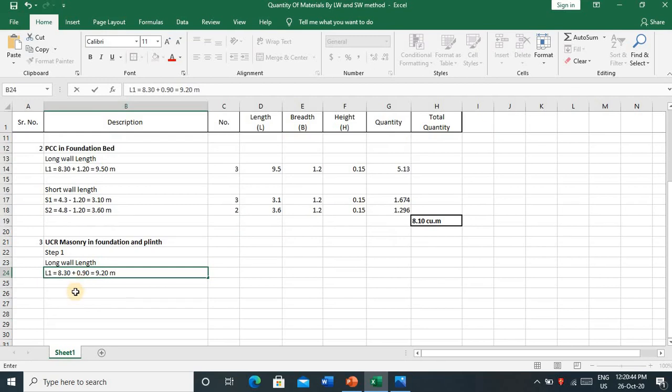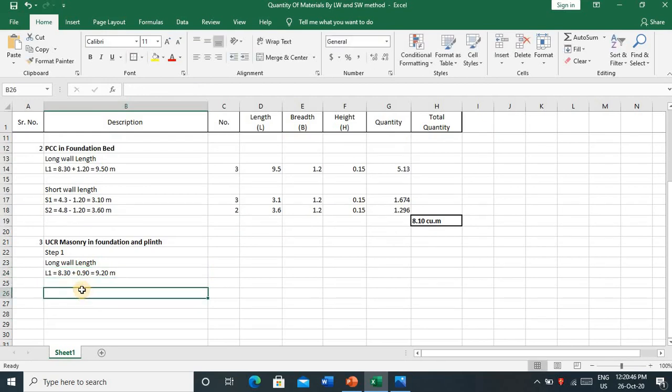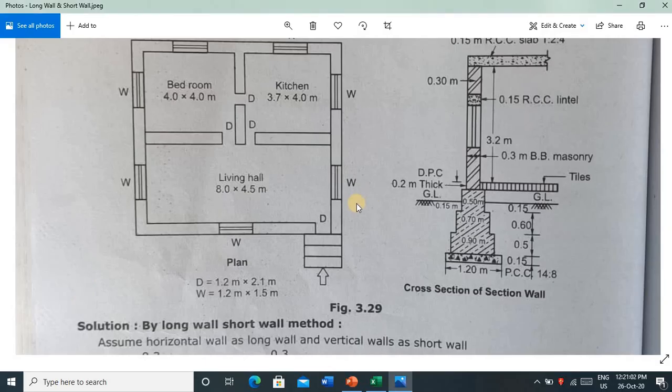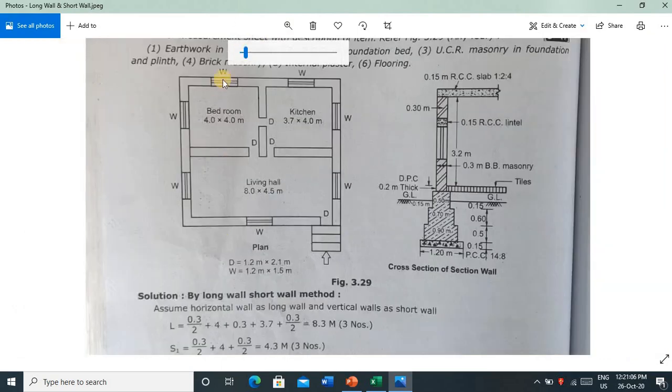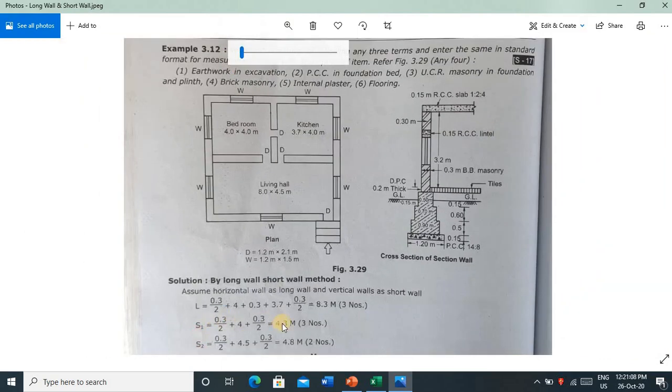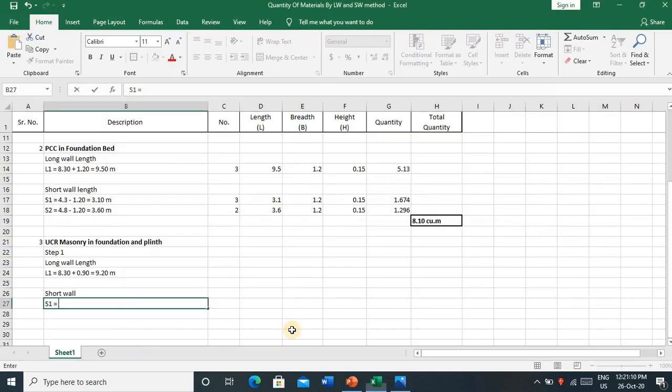And for short walls, first short wall 1. What was the length of short wall 1? The short wall 1 length was 4.3 meter.